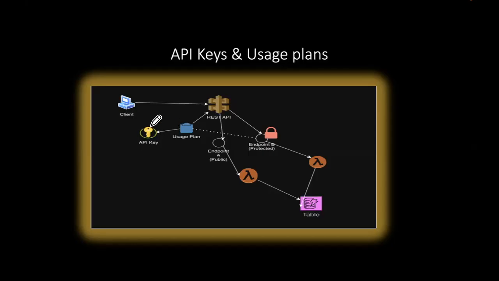You might think, intuitively, that it would go the other way, that the API key configuration would have a reference to a usage plan. In fact, it actually works the other way. And also, in the usage plan's configuration, you refer to the web API stage that the usage plan relates to.